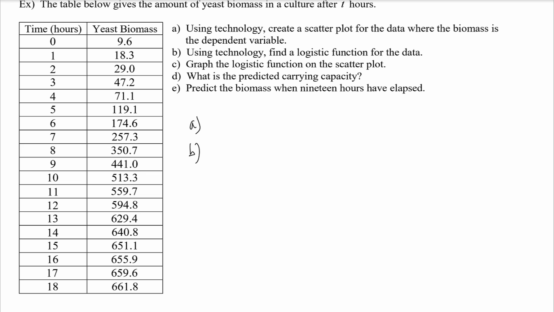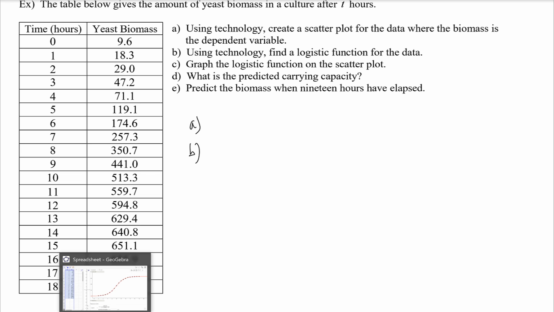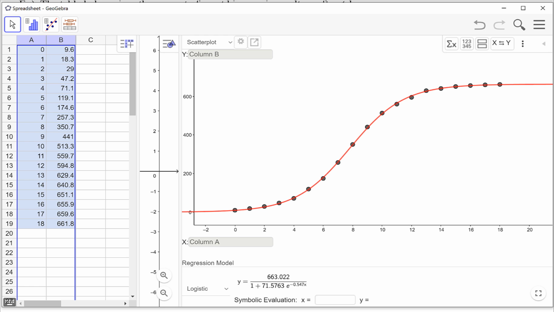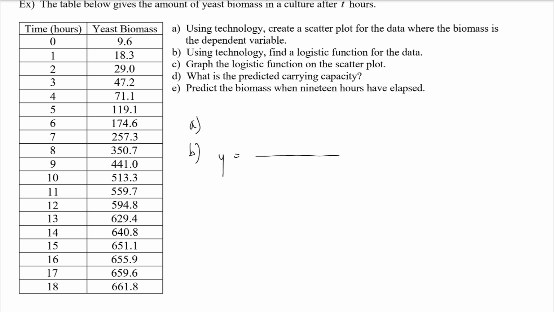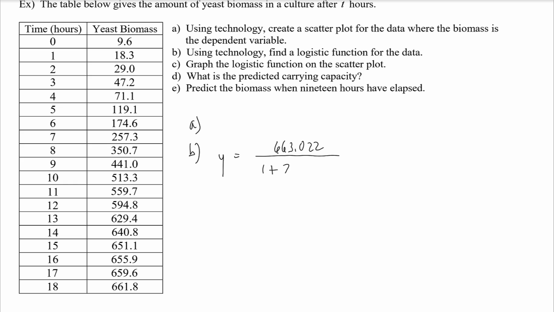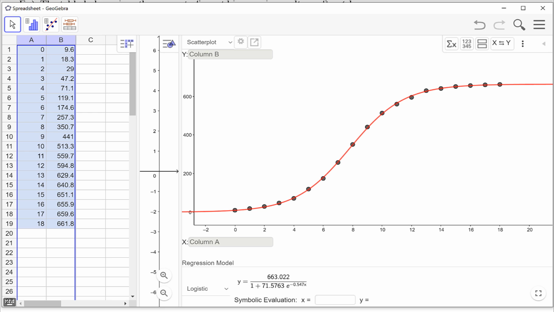Part B, we've got our function here. So we got y equals, our carrying capacity is 663,022, over 1 plus 715763, then we got 0.547.